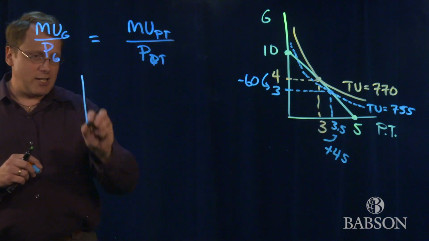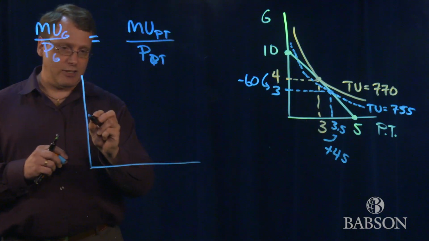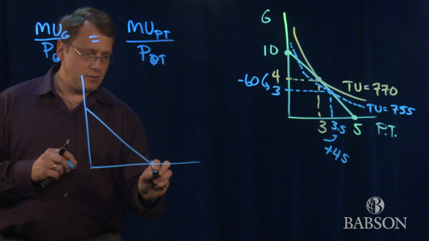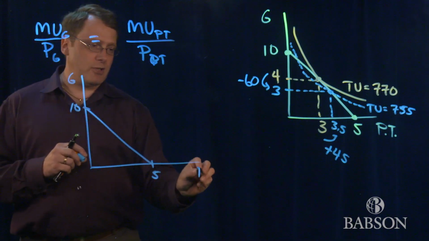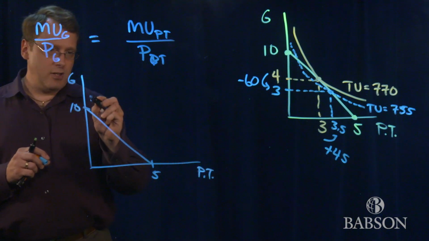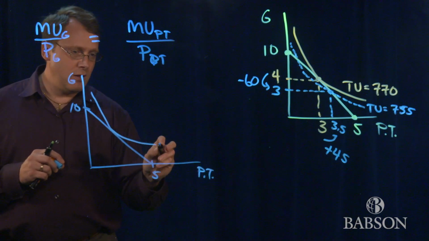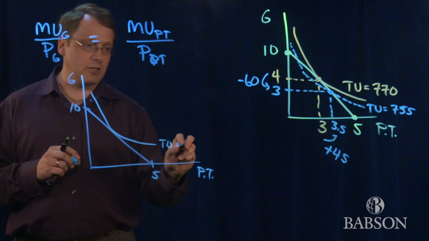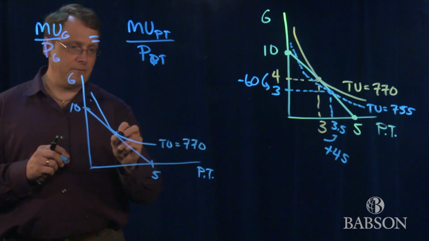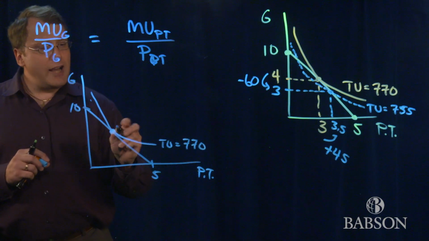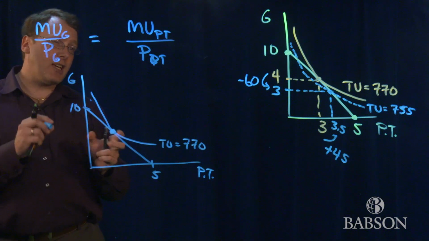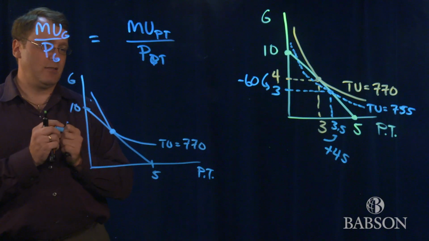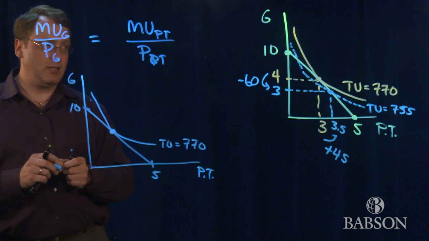So what does that look like in a little bit cleaner scenario? Right, so remember, that's 5, that's 10, this is granola, this is Pop-Tarts, and we have that indifference curve where total utility is 770. So why is it that this point here, where these two curves are just tangent, is the point that maximizes our utility?